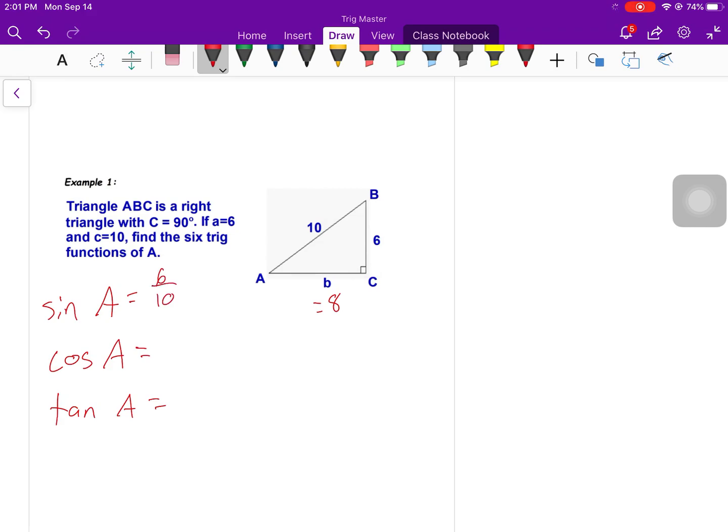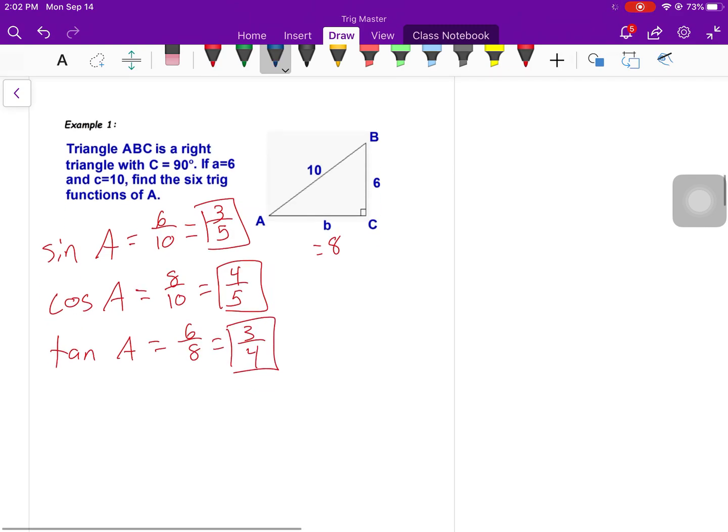We need to simplify. We're always going to be simplifying these fractions. So sine A is going to equal 3 over 5. Cosine of A is 8 over 10, which simplifies to 4 over 5. And tangent is going to be 6 over 8, which is 3 over 4.